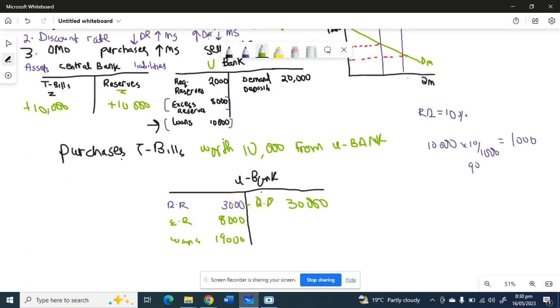So 3,000 plus 8,000 plus 19,000. 3,000 plus 8,000 is 11,000. 11,000 plus 19,000, 30,000 on the asset side of the bank and 30,000 on the liability side of the commercial bank.